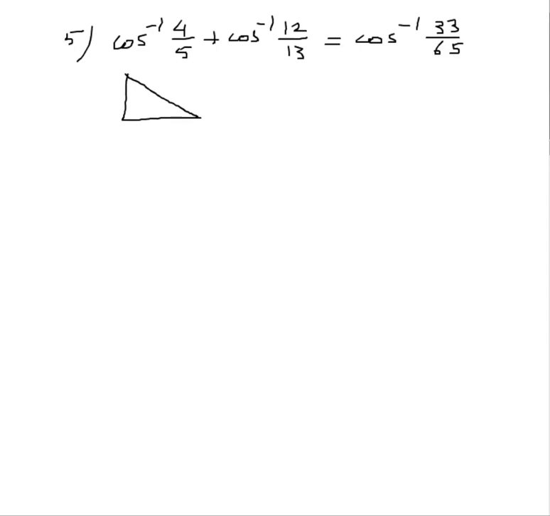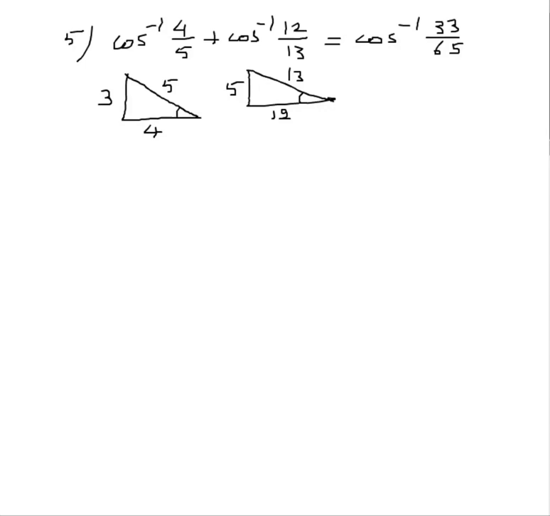Cos is adjacent by hypotenuse. 4 by 5 is a positive value, so first quadrant angle. The opposite side will be 3 by Pythagoras theorem. In this triangle, 12 by 13, the opposite side will be 5 by Pythagoras theorem.